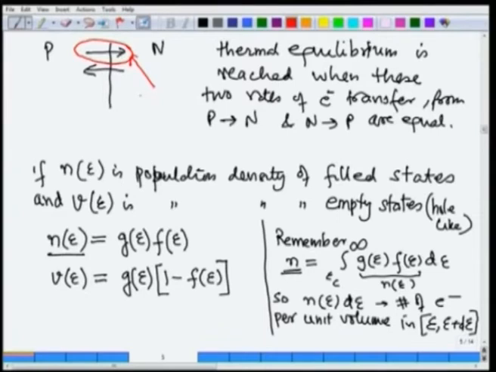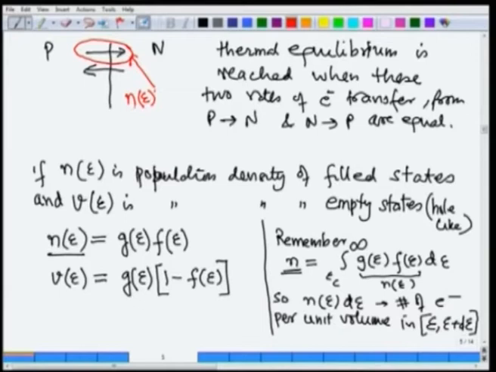One is the number of filled states on the p side, and the second quantity it will depend on is the number of vacant states. So, this would depend on the number of filled states, but which side?